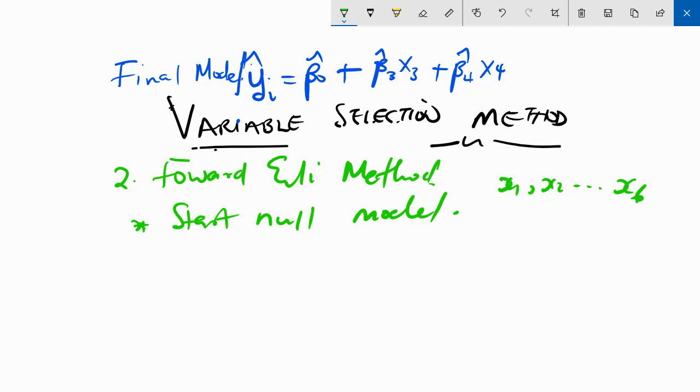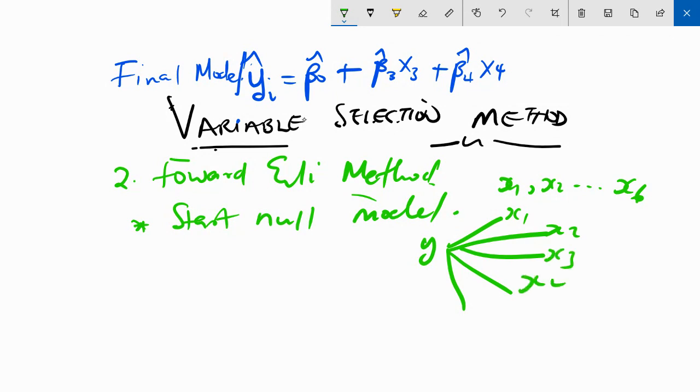Which one is entered first? That is the question that we have to ask ourselves. Which variable to be entered first?